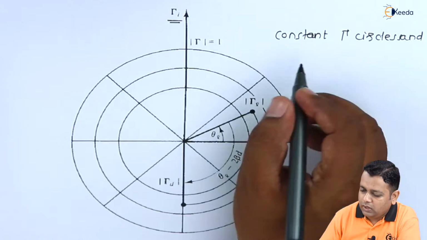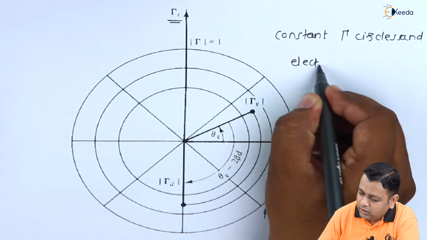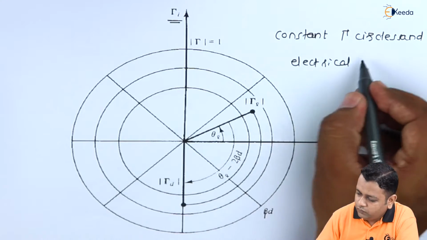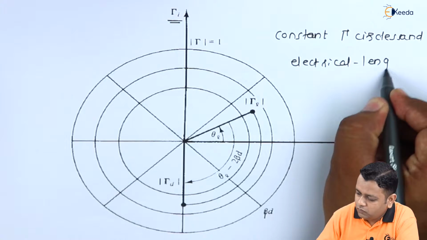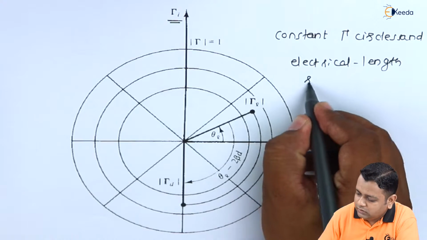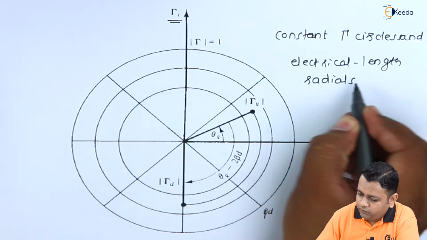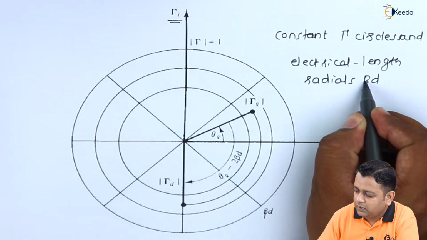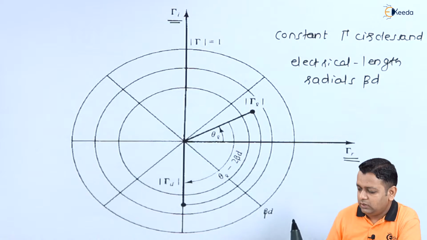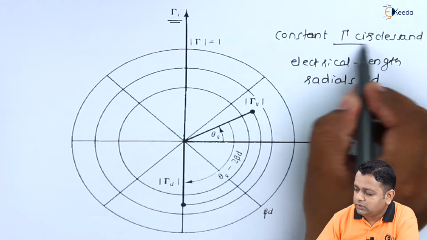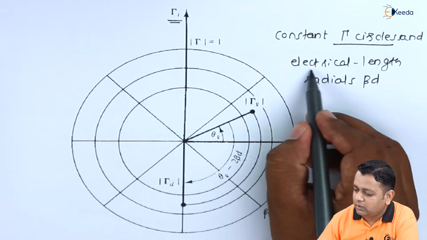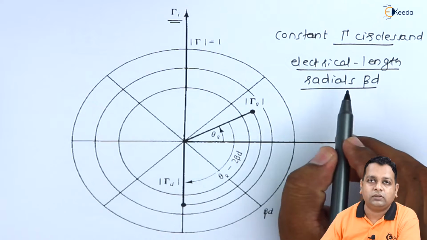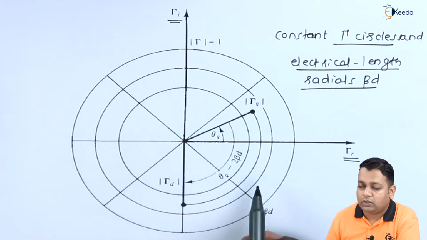Along with it, here we have the electrical length radials for beta suffix d, we can say here. So these are the two pieces of information, the gamma circles and the electrical length radials, that have been combined in this particular schematic.